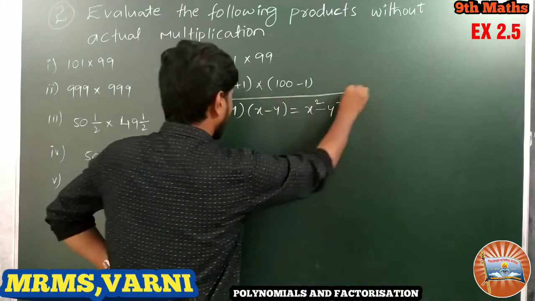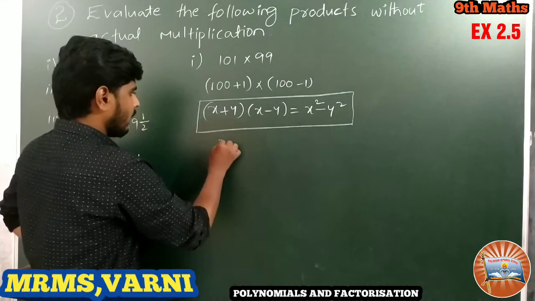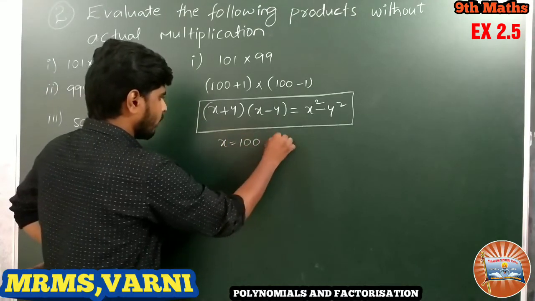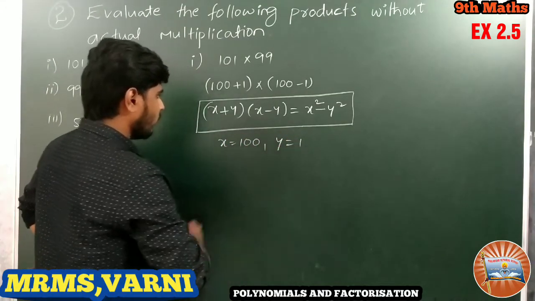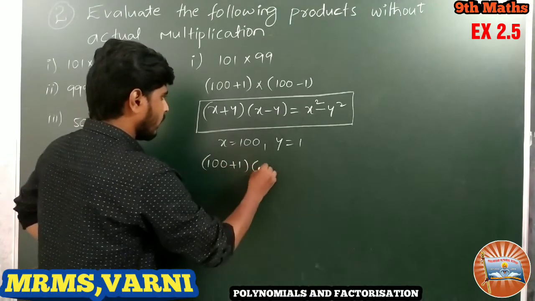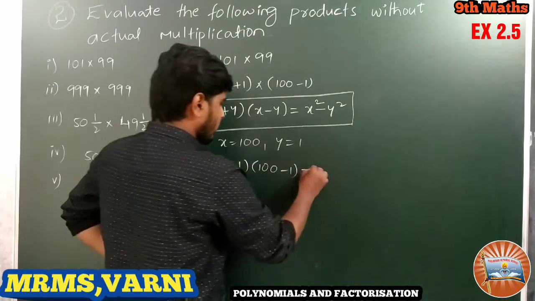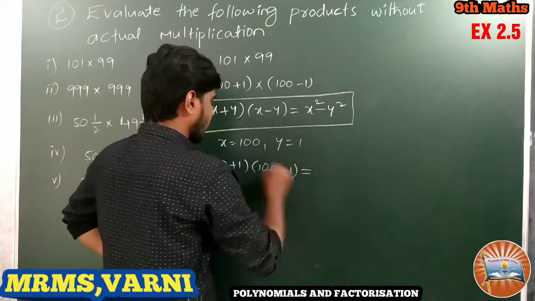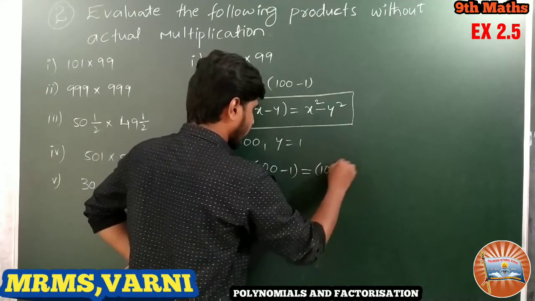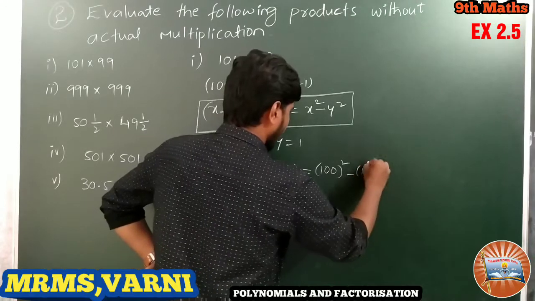This identity we can use here. So x is equal to 100 and y is equal to 1. Replace the values: 100 plus 1 into 100 minus 1. So x square is 100 square, and y square is 1 square.